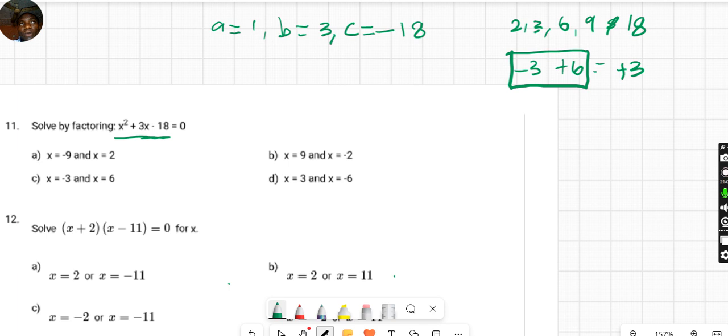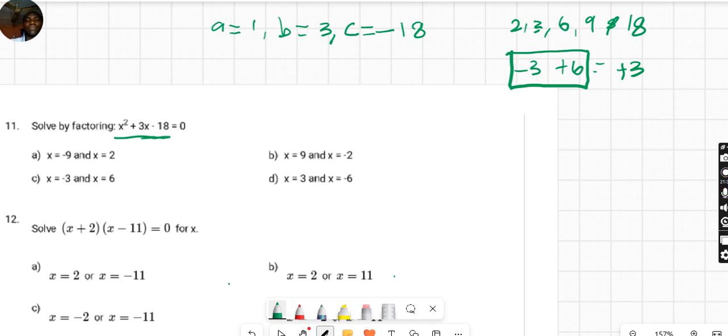So remember, rule number 1, identify A, B, and C. Rule number 2, find two factors that when you add them, they'll give you B, and when you multiply them, they'll give you C of the quadratic equation. Rule number 3 now, you need to substitute those two numbers in terms of x into the equation.